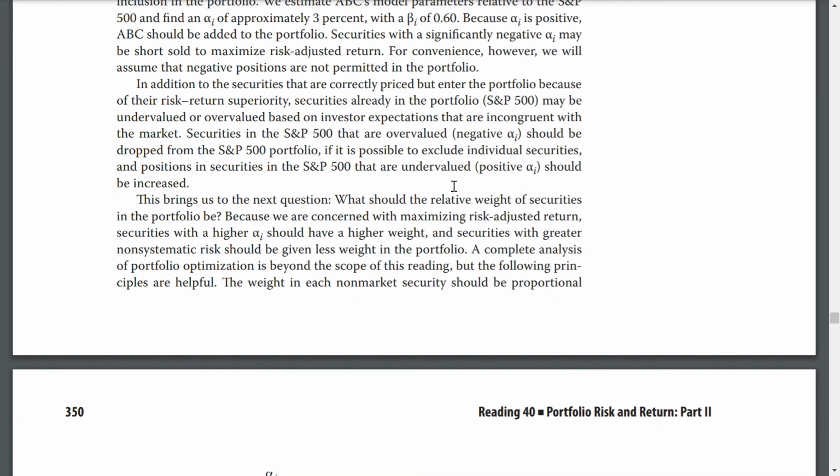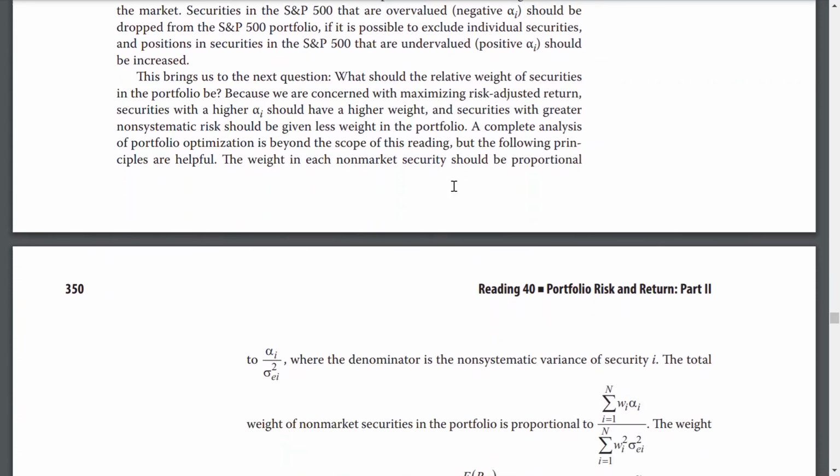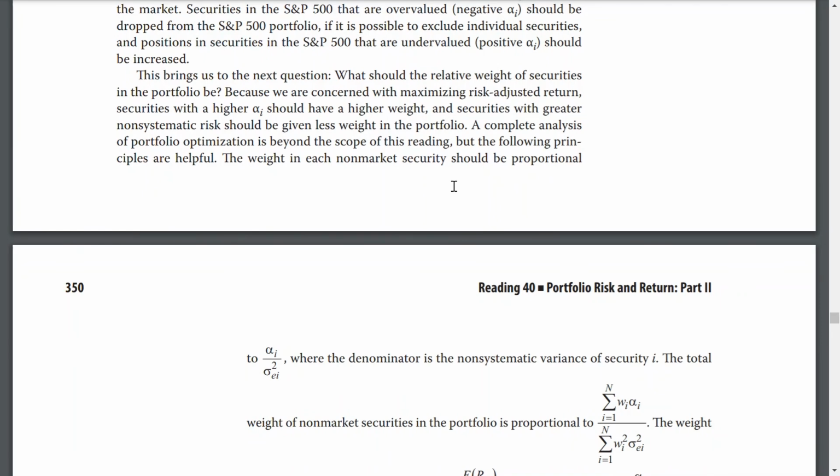Securities in the S&P 500 that are overvalued, or have negative alpha, should be dropped from the S&P 500 portfolio. If it is possible to exclude individual securities, positions in securities in the S&P 500 that are undervalued, with positive alpha, should be increased.